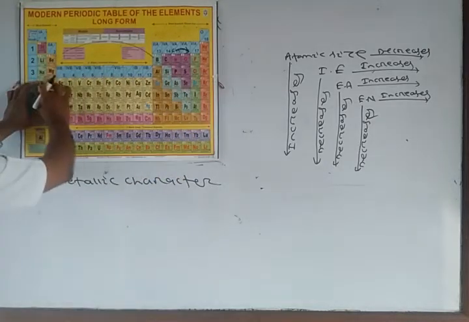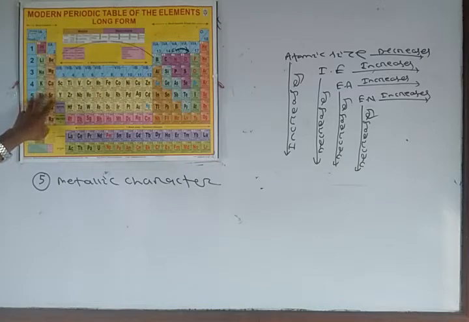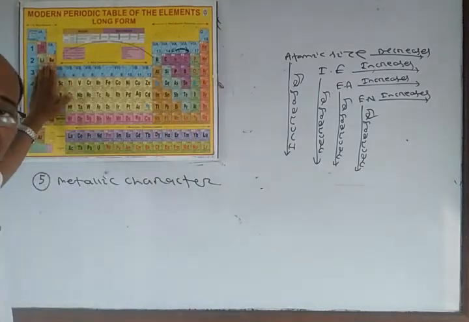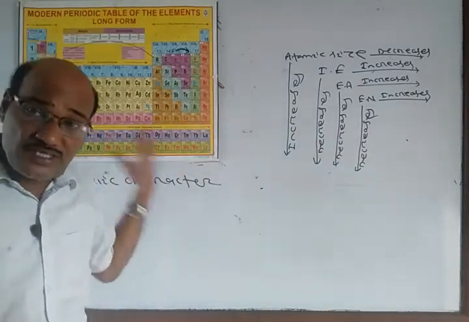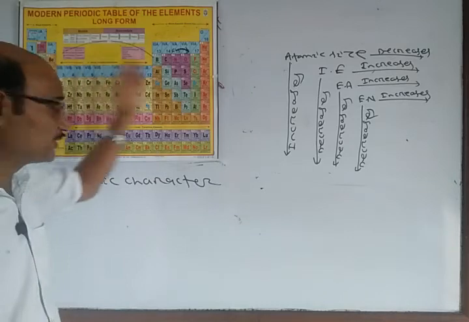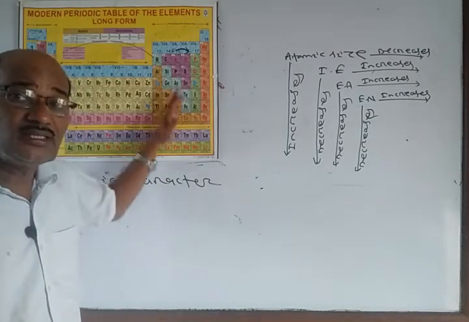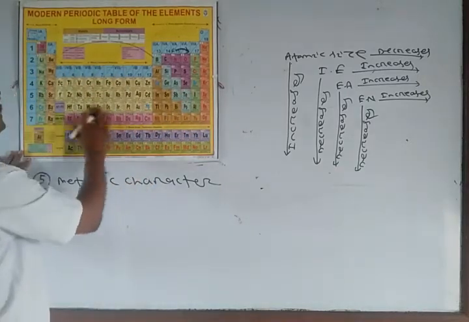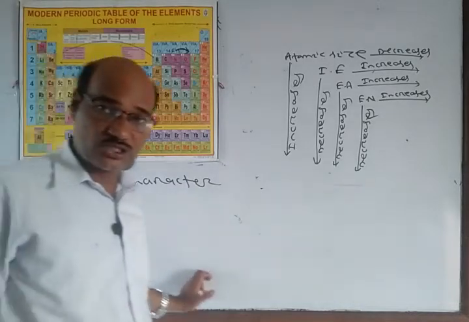So non-metallic character gradually increases. From the S block to the P block, S blocks are completely metallic and P blocks are completely non-metallic. This change from metallic to non-metallic because of the increase of ionization energy occurs through the D block elements. Hence, these elements are also called the transition elements.